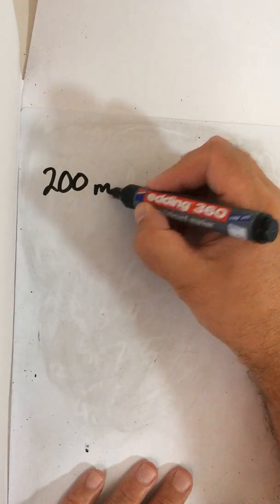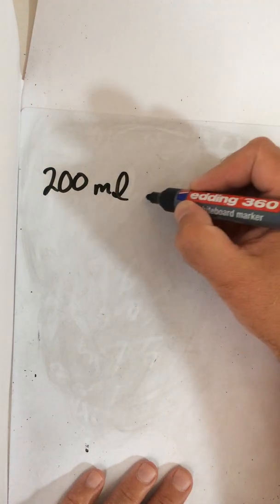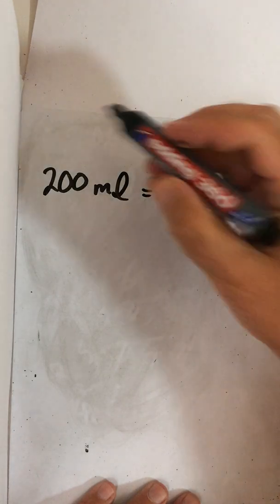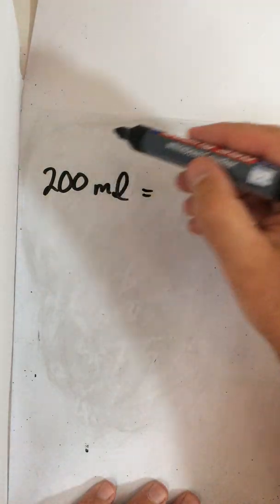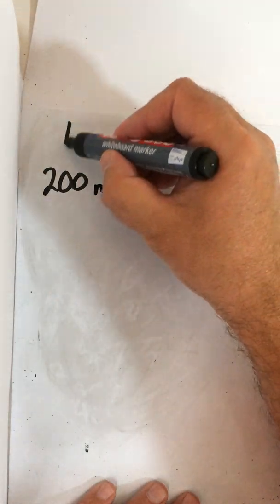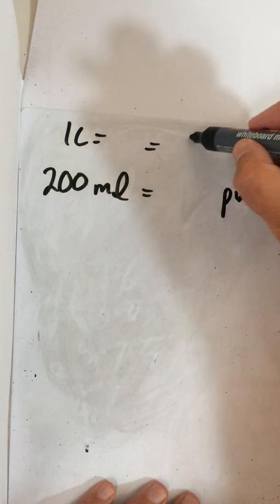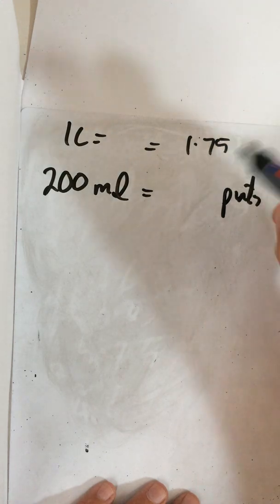200 milliliters equals how many pints? Again, I know that 1 liter equals 1.75 pints, doesn't it?